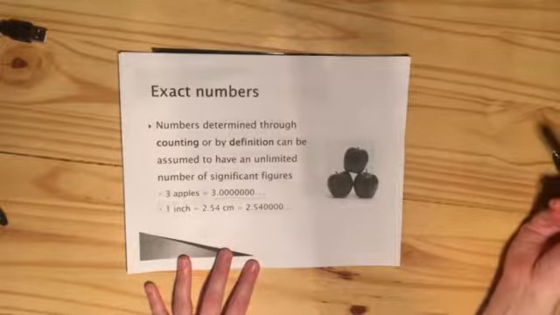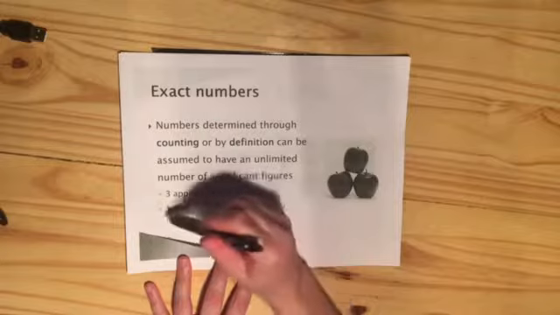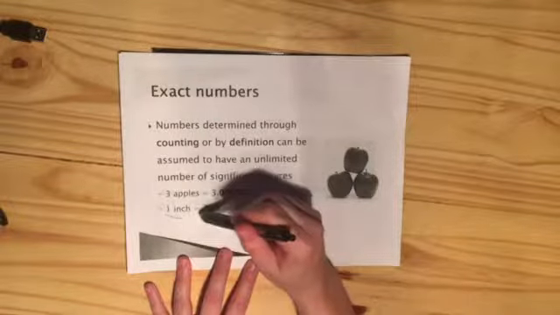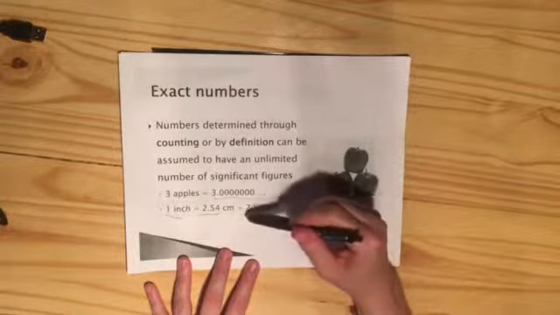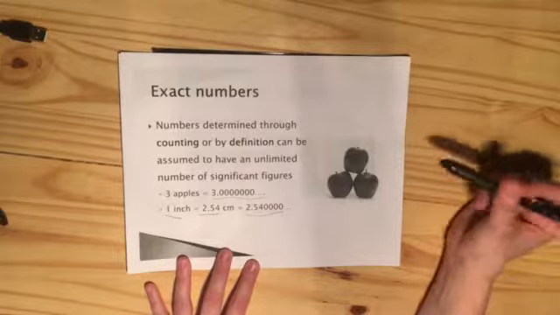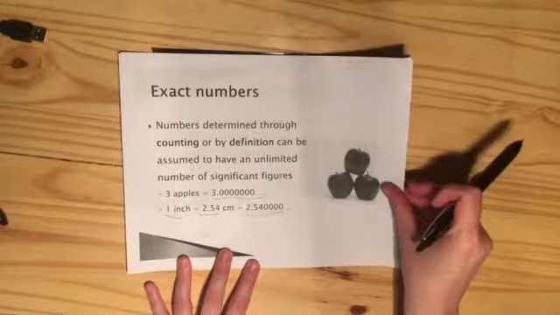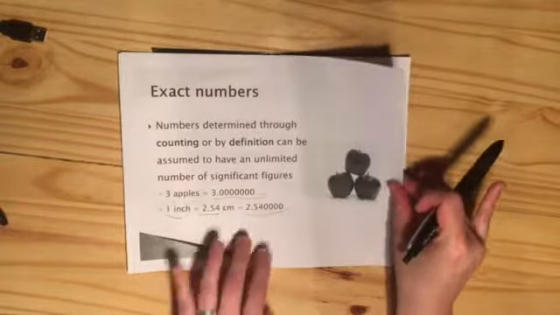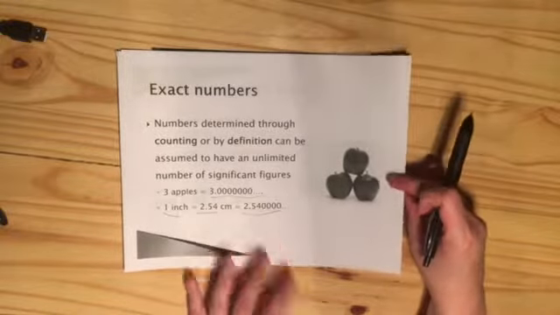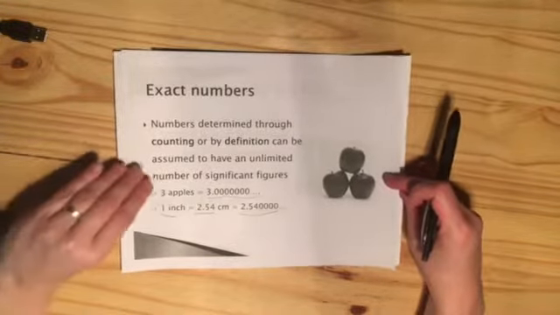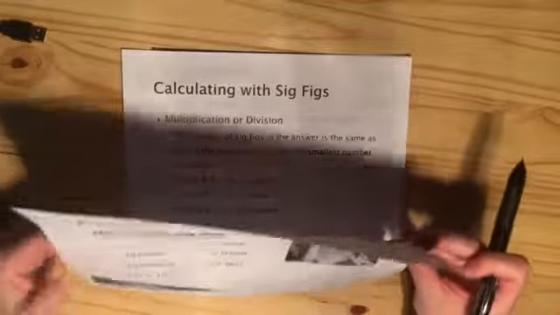It's not going to limit us when doing calculations. The same with a definition like 1 inch equals 2.54 centimeters. We can assume that's unlimited significant figures, and therefore it doesn't limit us in calculations, which will be more obvious when we're actually doing calculations.